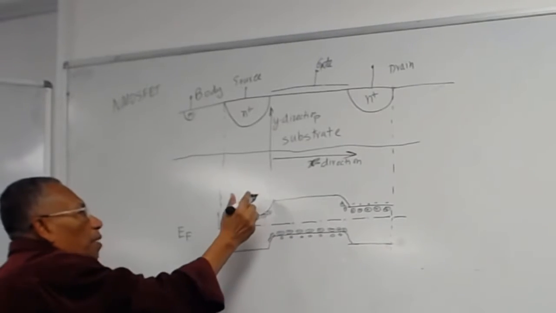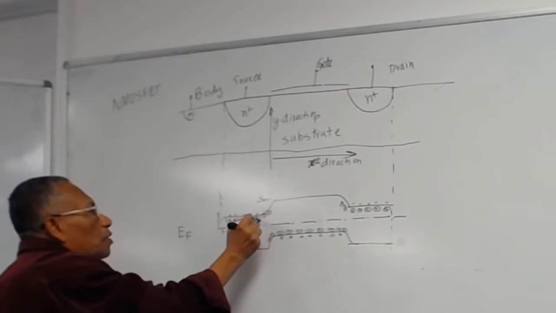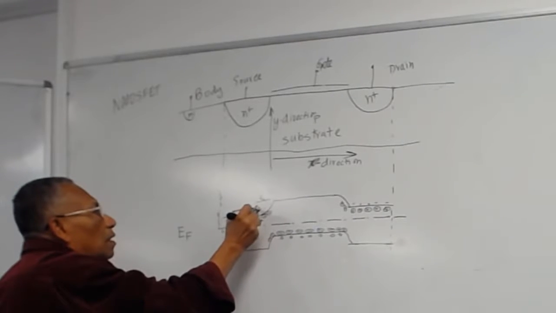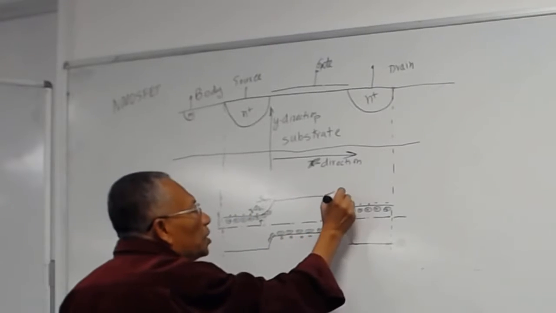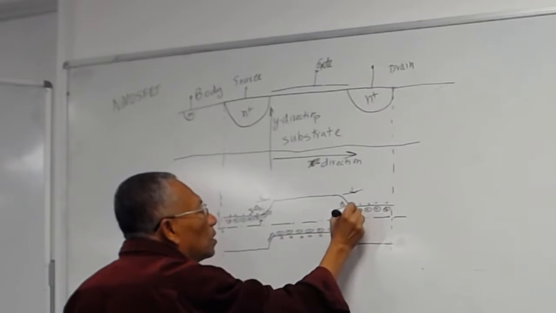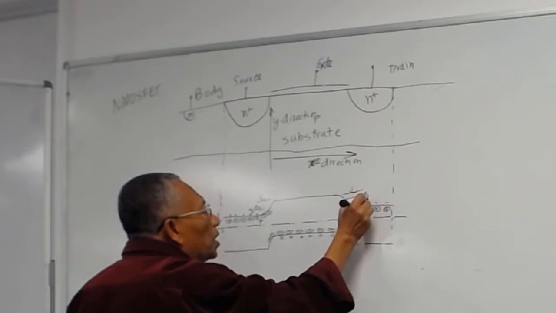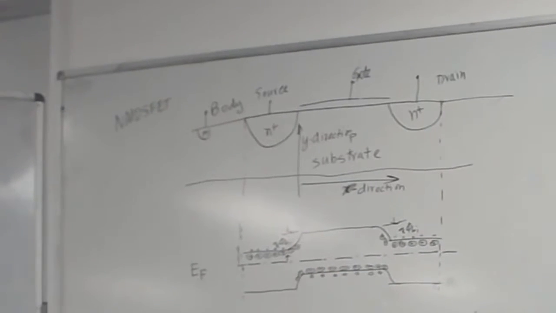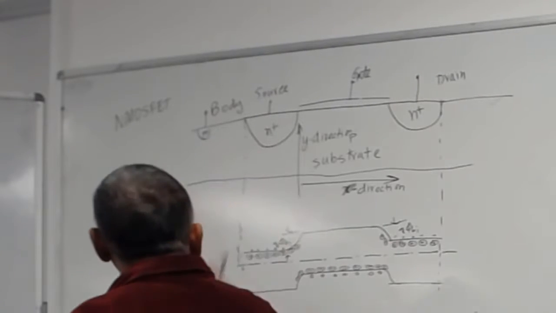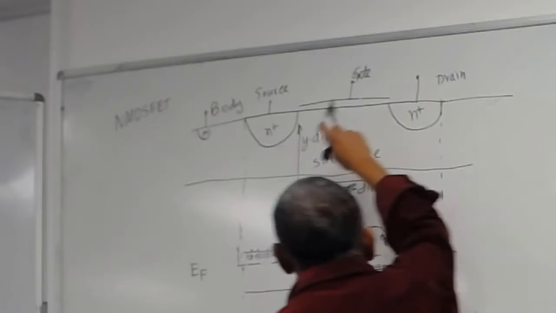And this is your phi bi. Remember, this is your Q phi bi, the energy. Again, this is your Q phi bi, the built-in potential. So, one PN junction here, one PN junction here.